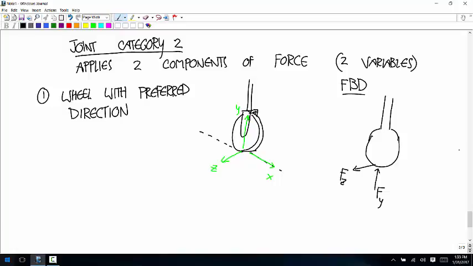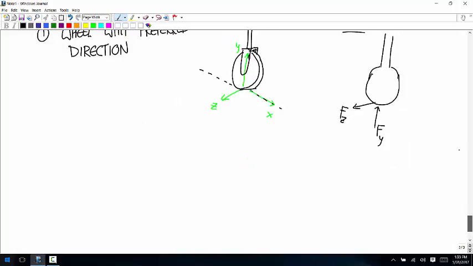Any questions about that one? There's always only one Fz component, right? Yes. Only one force in the z direction.